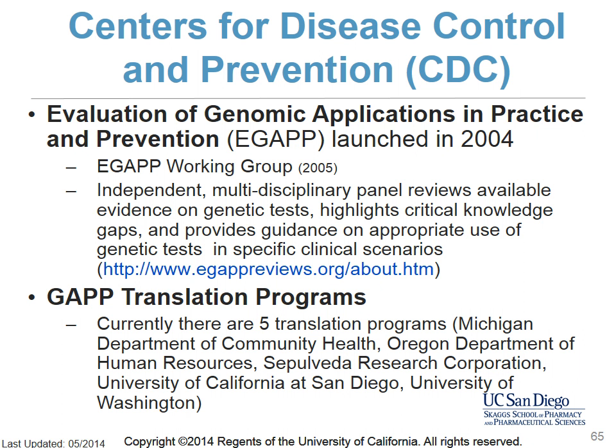In addition, the GAP translation programs funded by the CDC Office of Public Health Genomics include these 5 programs on your slide. And all these programs also provide resources either by posting them on their websites or by providing them to their stakeholders.